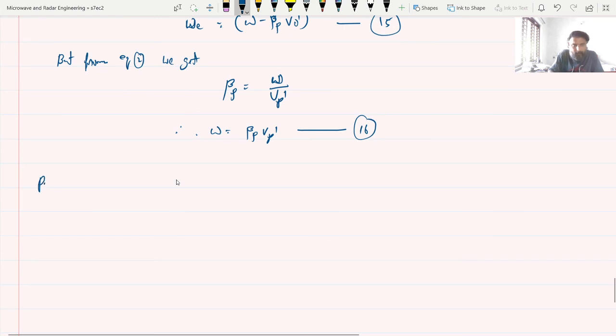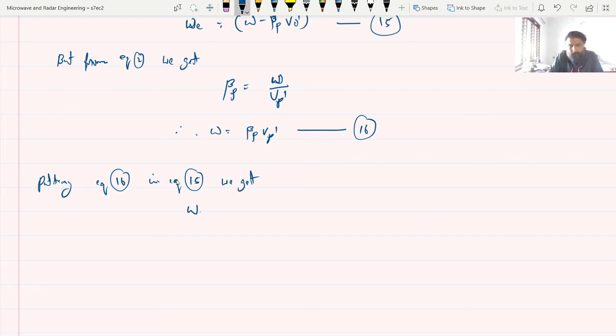So putting equation 16 in equation 15, we get omega_e is nothing but beta_p Vp dash minus beta_p V naught dash, or omega_e is nothing but beta_p into (Vp dash minus V naught dash), called as equation number 17.